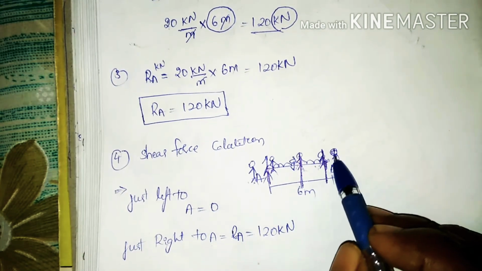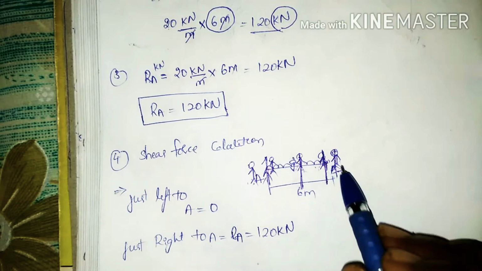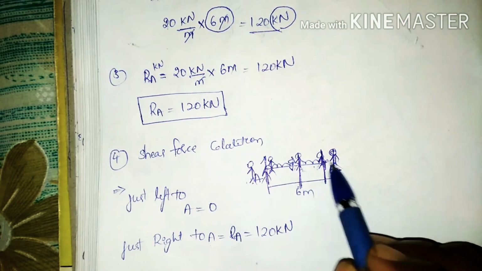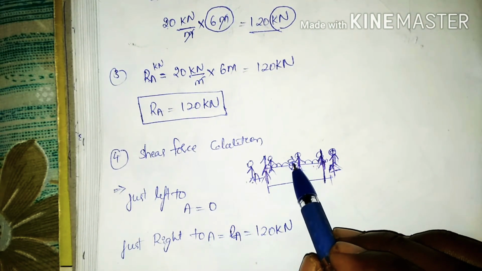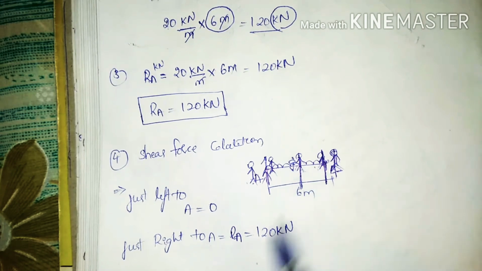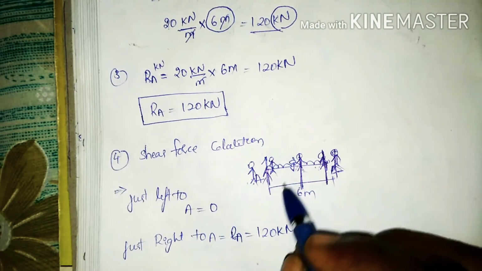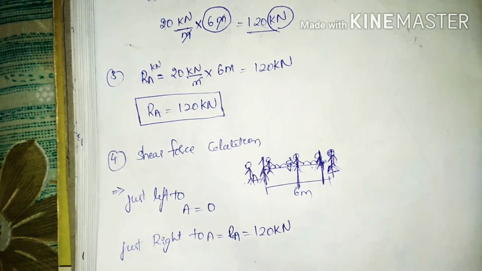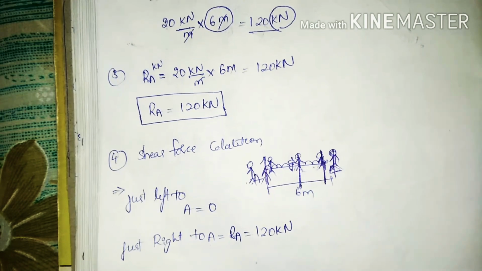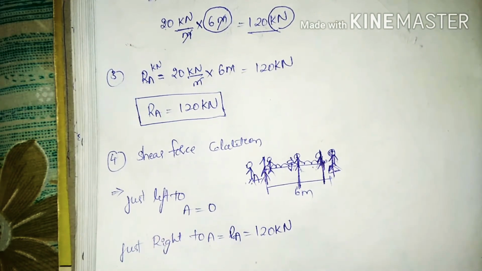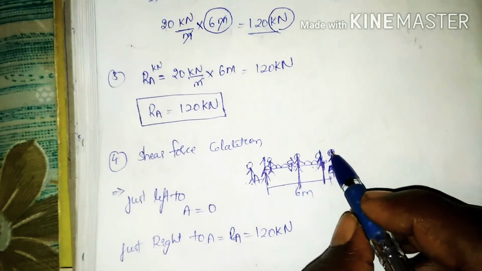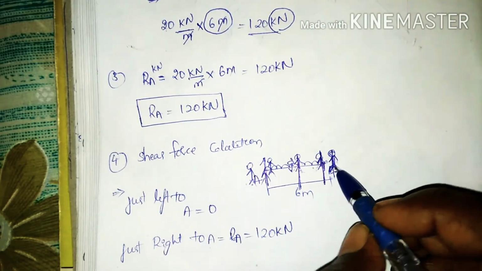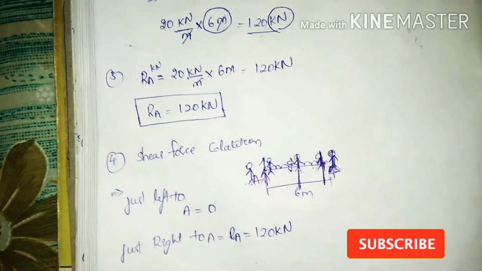When you stand on the right side of B, you're going to find a UDL acting downward, that is negative. The total load is 20 into 6, that is 120, minus 120, equal to 0 kilonewtons. At the right of B, I am going to find the value 0.